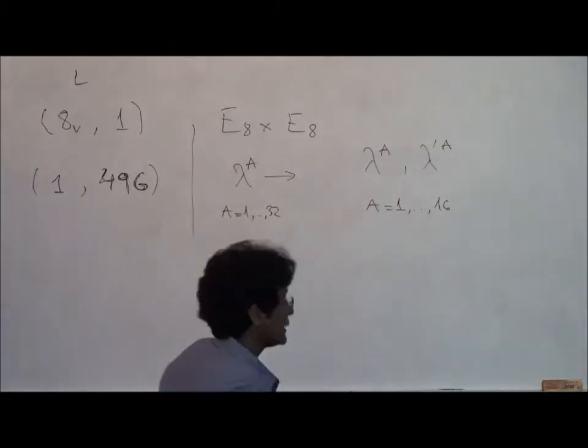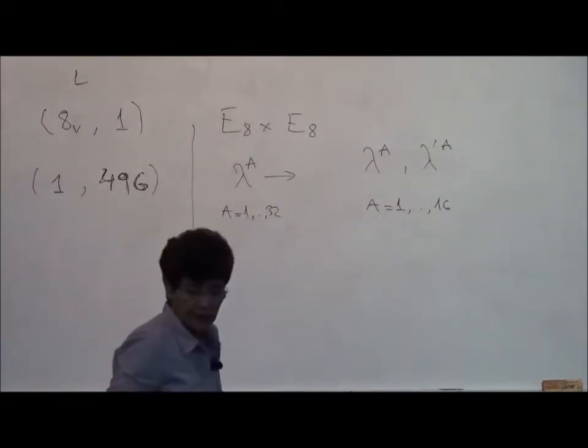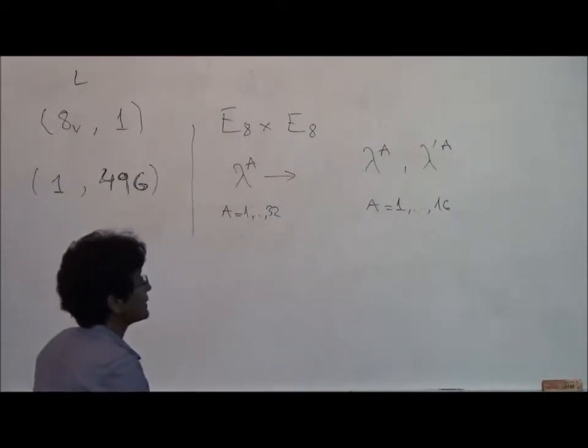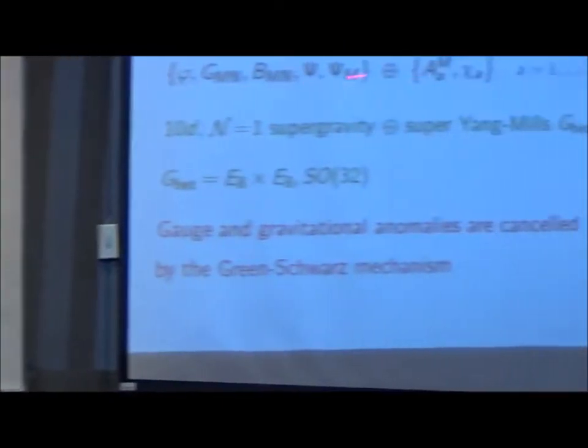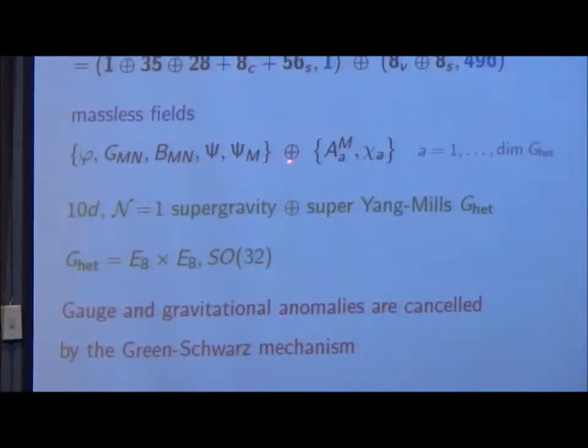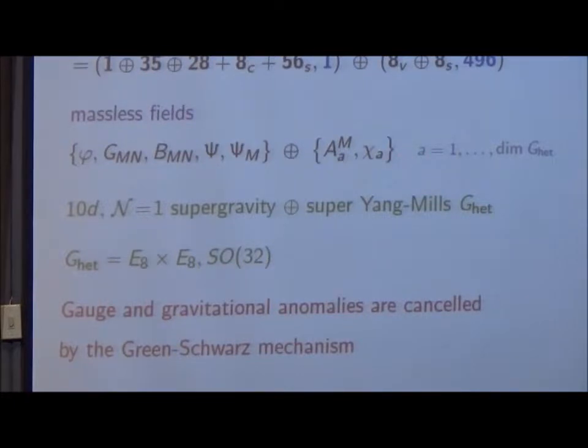But when you compute the states and so on, in the end, the degrees of freedom they correspond to are the gravity sector and this gauge sector, which is just gauge vectors and the supersymmetric partners.